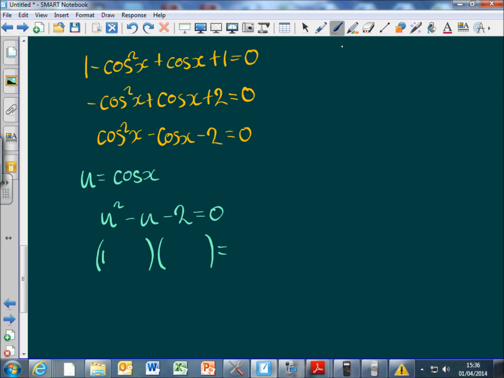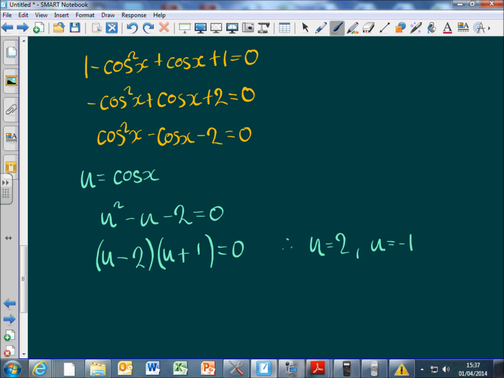It factorises to u minus 2 and u plus 1. Is that right? Does that work? Equals 0. Which means that u equals 2 to make the first bracket 0 and u equals minus 1 to make the second bracket 0.